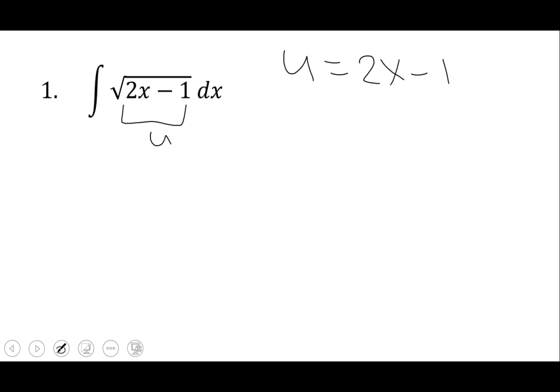So when you take the derivative of u, it would be du dx. The derivative of 2x in terms of x is just 2. The derivative of a constant is 0. What you want to do next is take your du over dx equals 2, and solve it for dx. So you're going to go ahead and cross multiply.